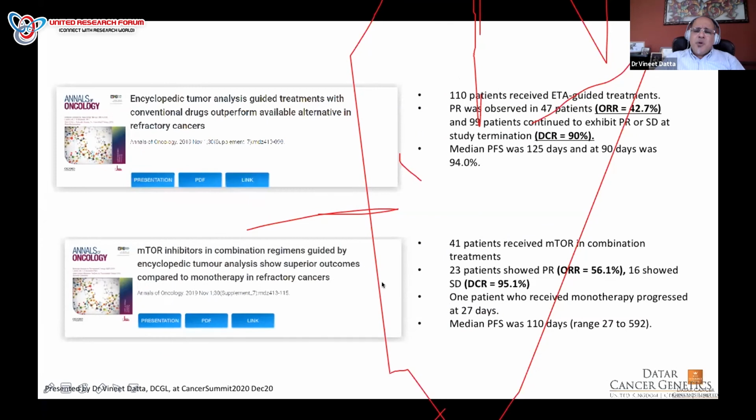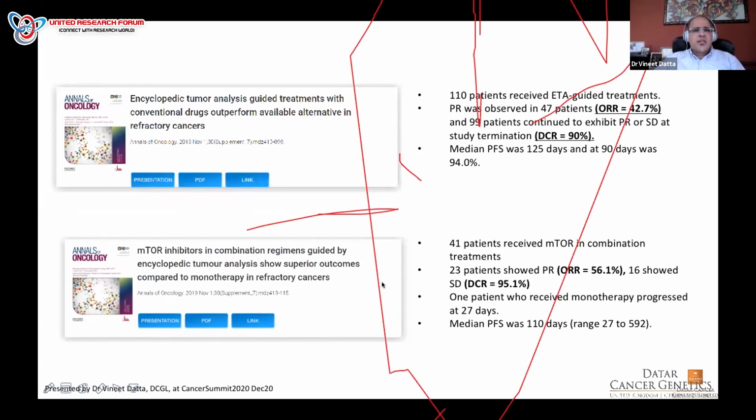In some of the studies that we've looked at, for example, that's been shared in some of the meetings before, we found a significant benefit for patients who received some of the multi-therapy options using the encyclopedic tumor analysis.